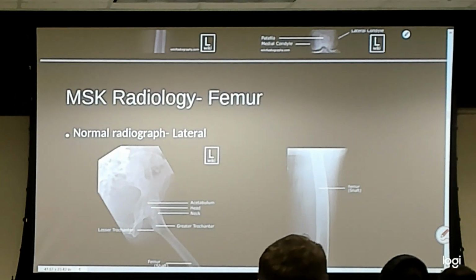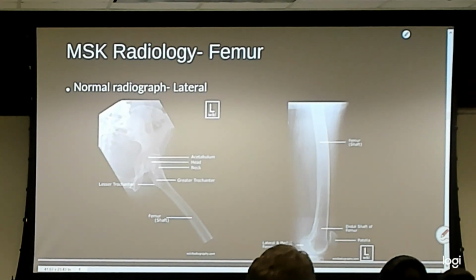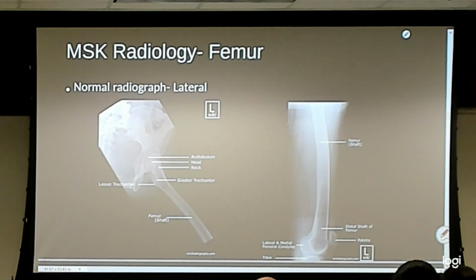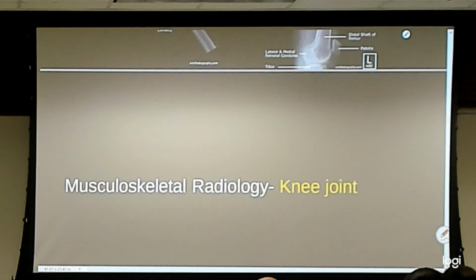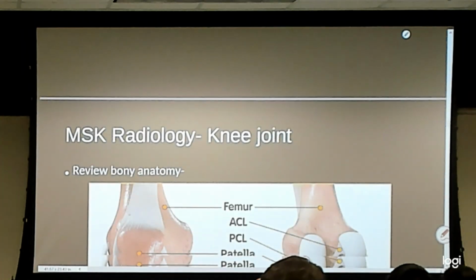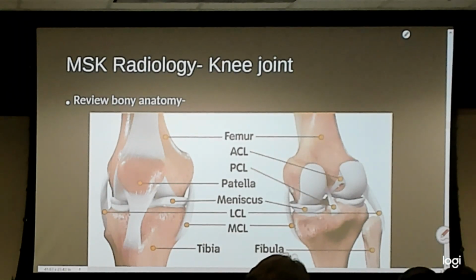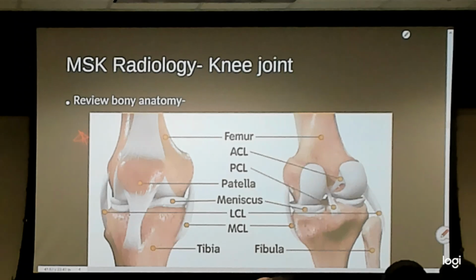Okay, lateral of the femur catches us a lateral of the knee, and it's still got that frog leg appearance of the proximal femur. And then we'll go on to the knee joint. I really like this picture in terms of your study purposes because it's a little better because of its three-dimensional projection.